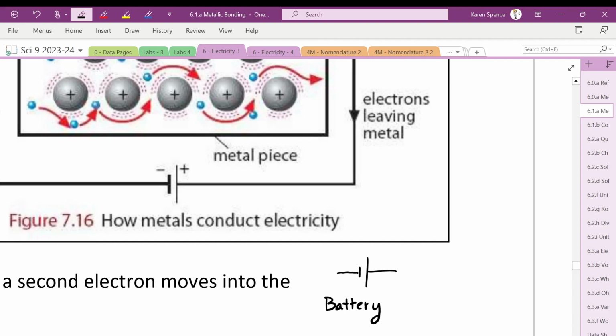The long line represents the positive terminal of the battery. The small line represents the negative terminal of the battery.